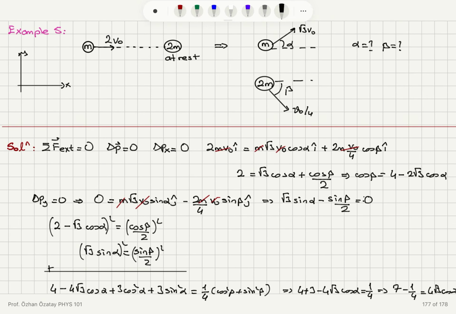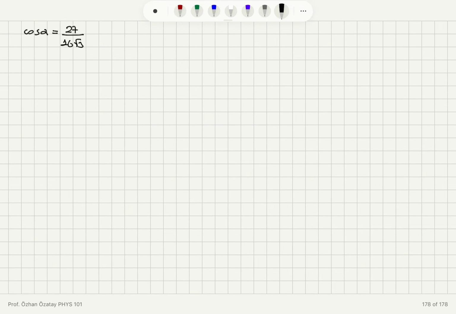Okay, so cosine alpha becomes 27 over 16 square root 3. So 28 minus 1, 27 over 4 times 4 becomes 16 square root 3. So cosine inverse of this gives me alpha equals 13.0 degrees.